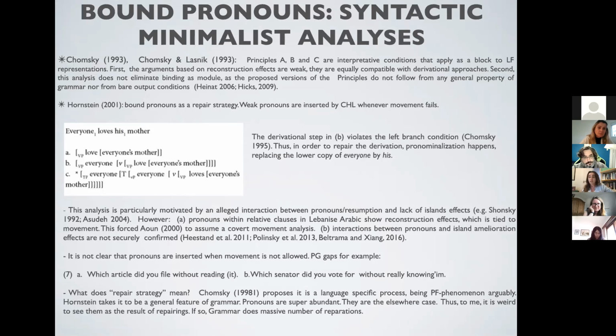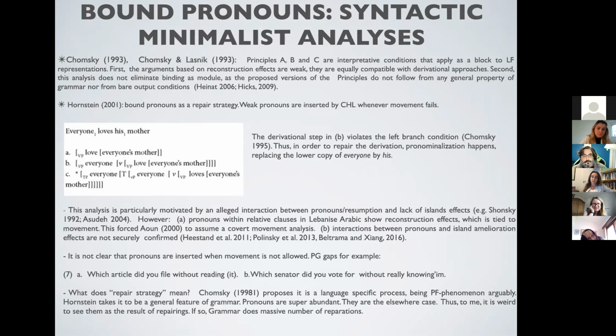This analysis is particularly motivated by the alleged interaction between pronoun resumption and lack of island effects. However, it is not clear that this interaction really exists. First, pronouns within relative clauses in Lebanese Arabic, for example, show reconstruction effects. So assuming that reconstruction involves movement, Aoun was forced to assume that a covert movement applies.